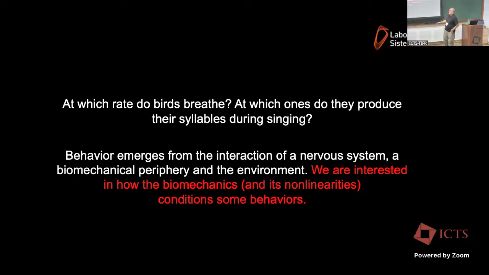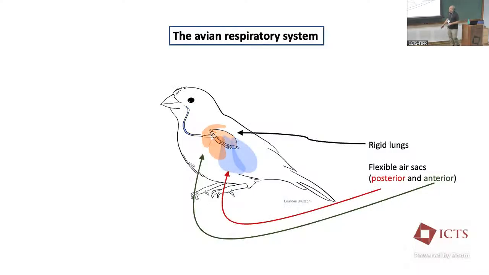So therefore, I was interested in what is the biomechanics of the respiration. Let me show you how these birds breathe, because this is really amazing. Very different than the way in which we mammals breathe. They have air sacs here, and a lung that is very fixed. So what the birds do is the following.